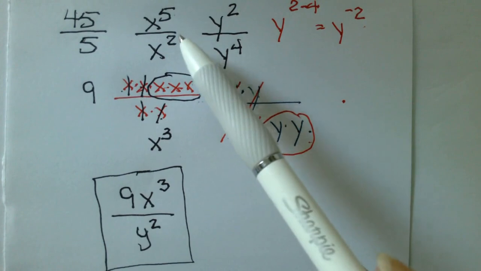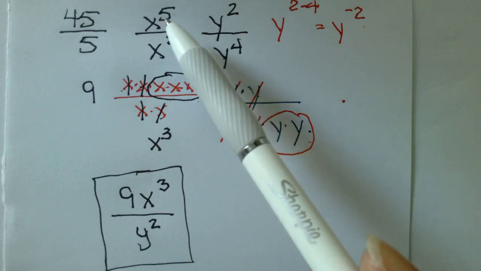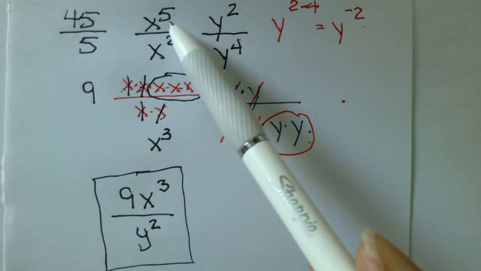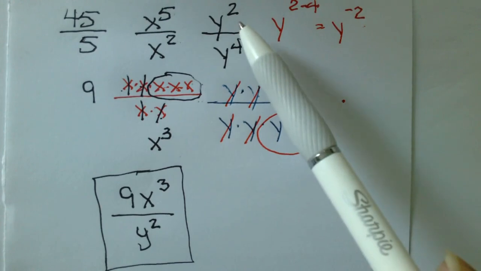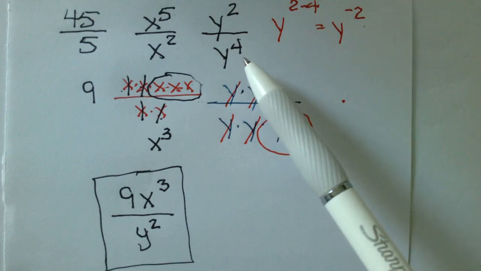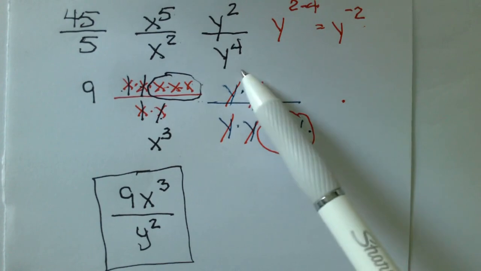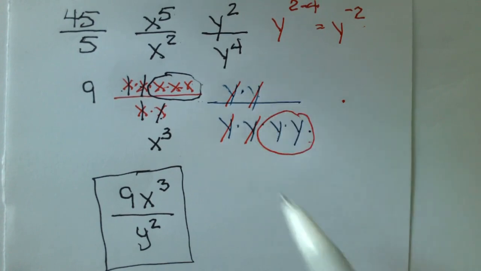Well, 5 is bigger than 2, so you're going to put your answer, which is x cubed, in the numerator. So when you did your 2 and your 4, when you subtract those two, you're going to get an answer of 2, and you're going to put it in the denominator because the 4 is bigger.